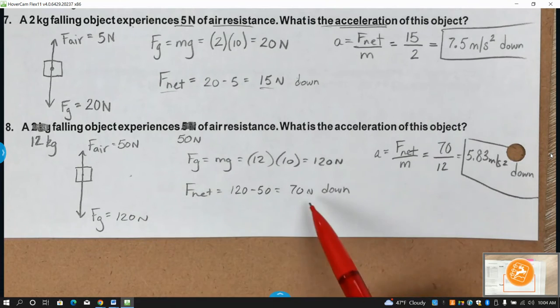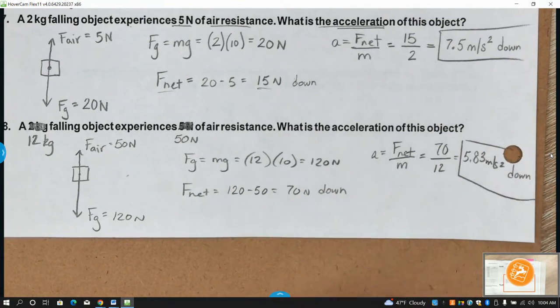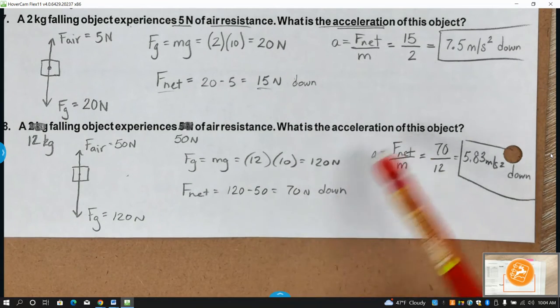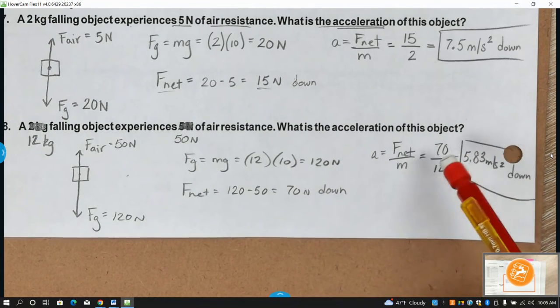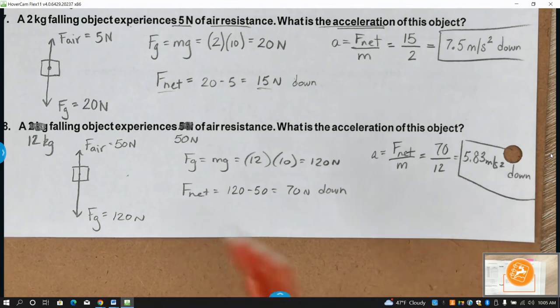Subtract the two to get your net force, which should be 70 newtons downward. To find acceleration, take F net divided by the mass. So the net force of 70 newtons divided by our original mass of 12 kilograms comes out to be 5.83 repeating meters per second squared downward, because it goes in the same direction as your net force.